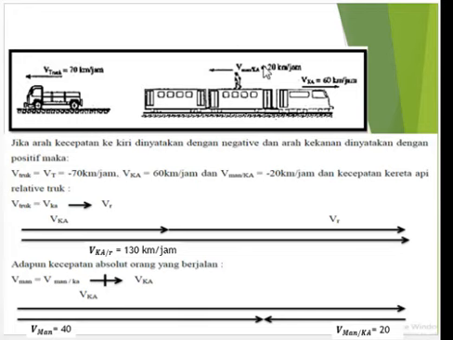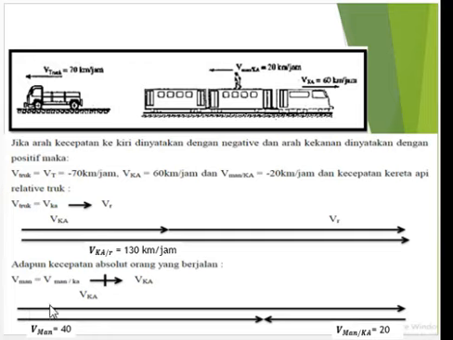From the illustration, you know that the velocity of the man is 20 km per hour on the train, but the train has 60 km per hour to the right. The man is going to the left and the train to the right. So we can use the line in this illustration.